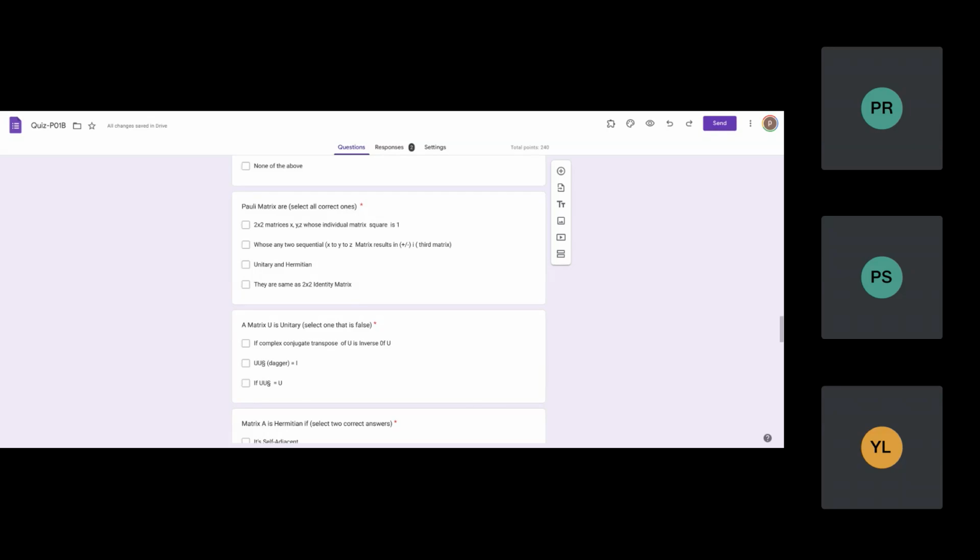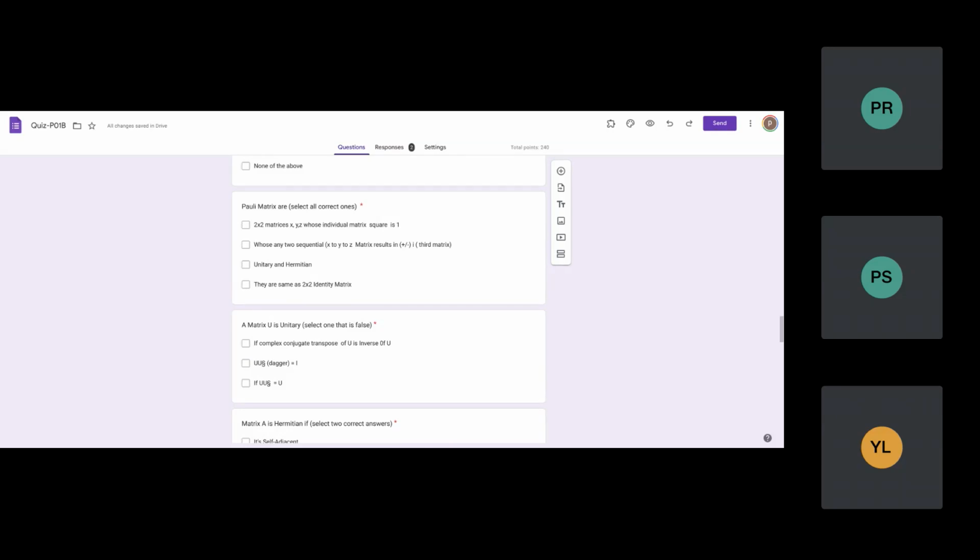One thing you can try is x equal to 0, 1, 1, 0, and y equal to 0, minus i, i, 0. If you multiply and you get plus or minus i, then that is what it is.